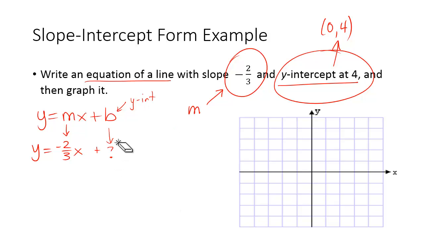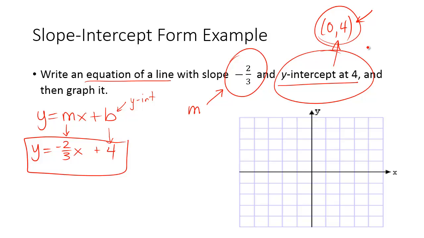So you can literally just plug in 4 right now because you know that that's the y-intercept. But sometimes this point won't be a y-intercept. This point could be something else. And then you can plug in the x and y and then solve for b. But in this case, you're done like that. We'll look at a couple other examples where this point is different coming up.